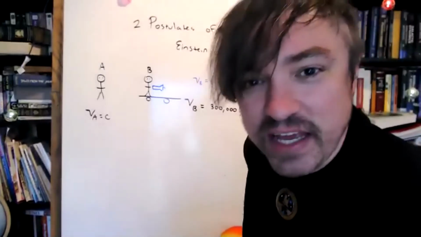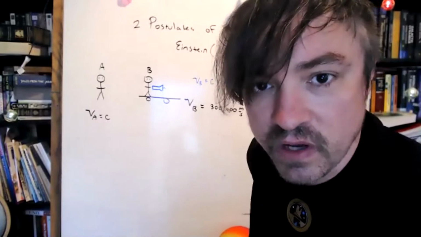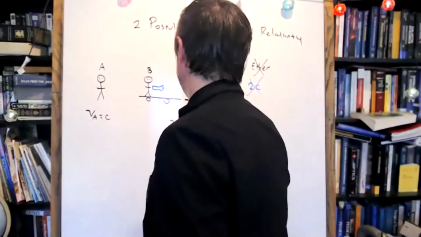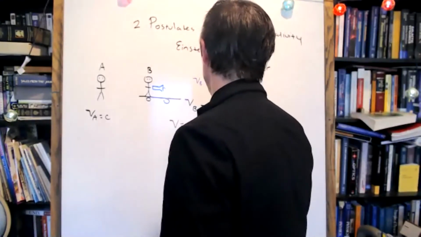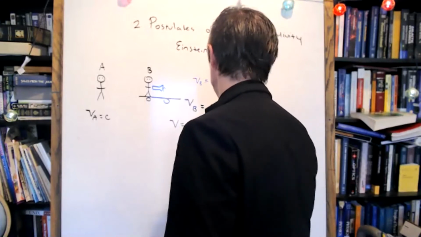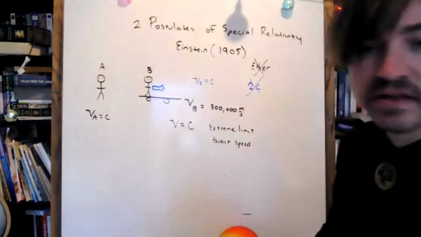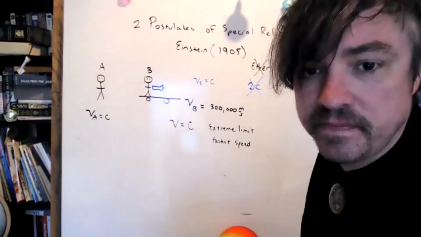That means things are buggy when you can travel at the speed of light. One of the things that this seems to suggest is that the velocity of c is basically an extreme limit in physics. It's the fastest speed that is allowable in physics, and nothing, not even light, can travel faster.